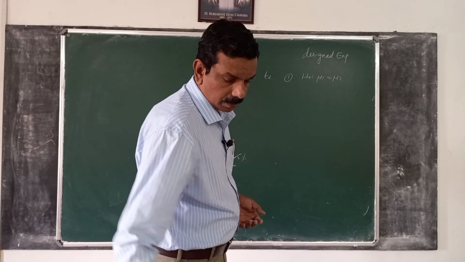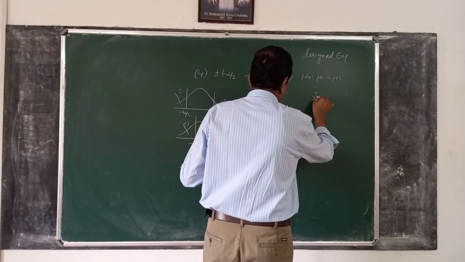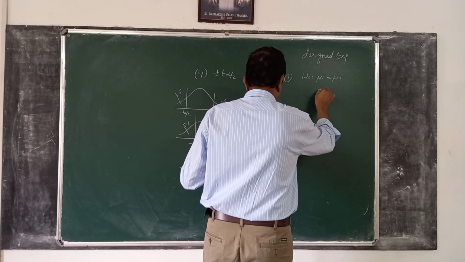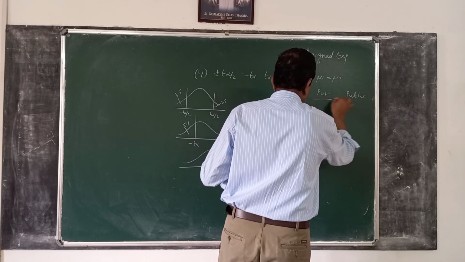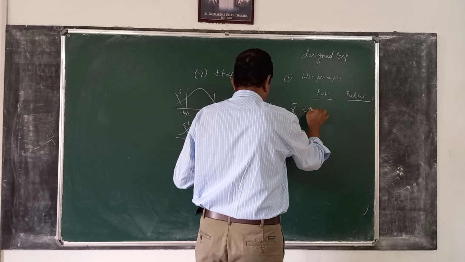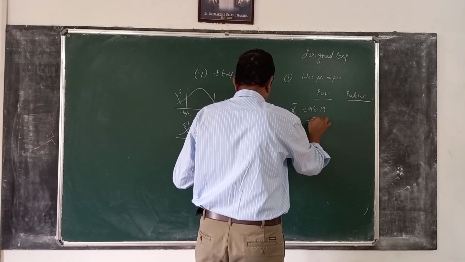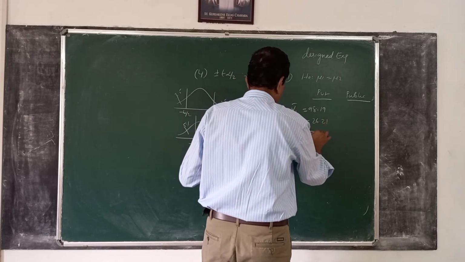In the example of private and public universities, X bar 1 is for private, and X bar 2 for public. X bar 1 is 98.19, S1 is 26.21, N1 is equal to 35.